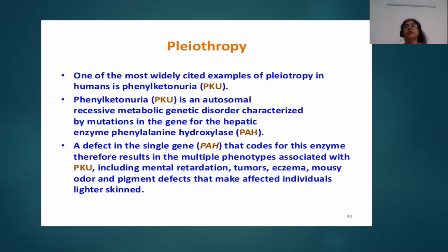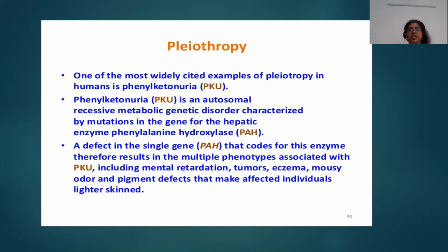In a normal person, this phenylalanine hydroxylase converts phenylalanine into tyrosine. But when the gene gets mutated, this enzyme is not produced, and in the absence of the enzyme, this conversion does not take place.